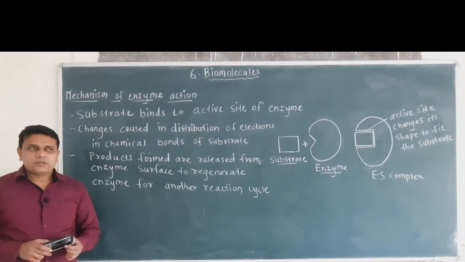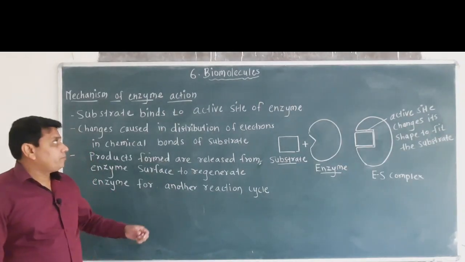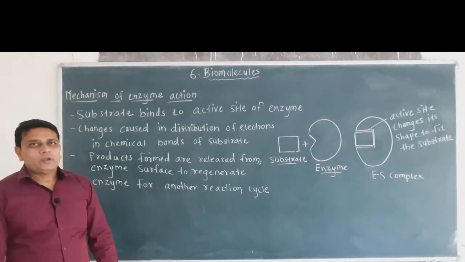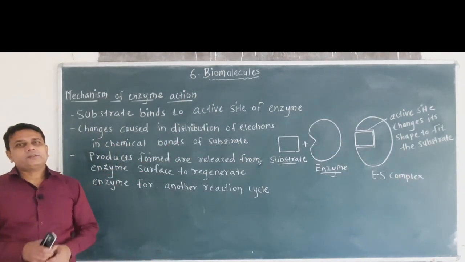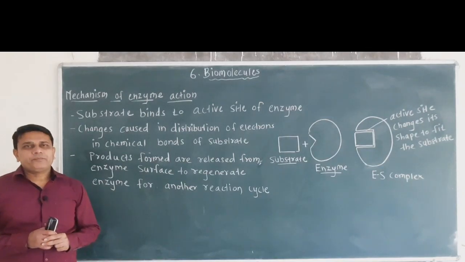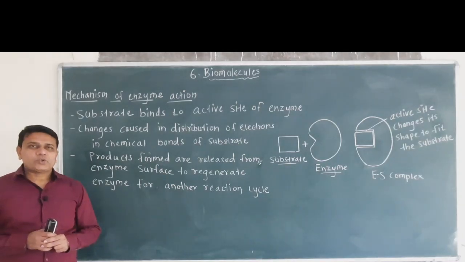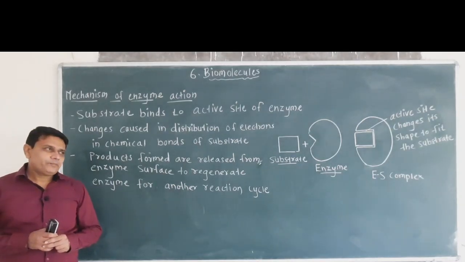Hello students, in our previous session of chapter number 6, that is biomolecules, we have learned regarding the nature of enzymes, then we have seen its properties, and also we have seen the different types of enzymes.